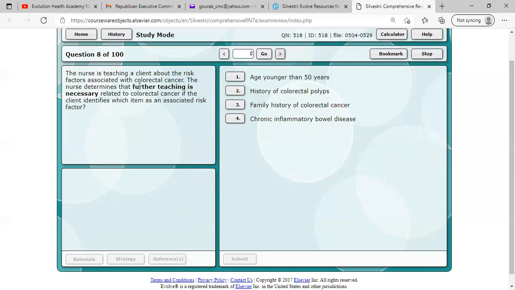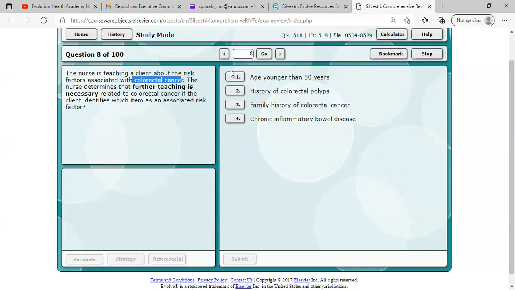So a patient is diagnosed with colorectal cancer, there are 4 options. Which one is not related, or which one is not correct with colorectal cancer?